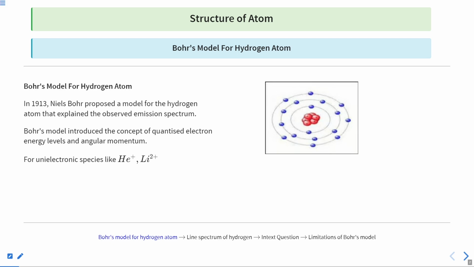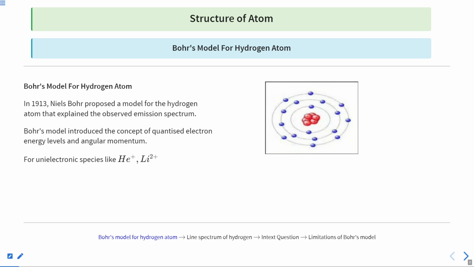That's it. If you talk about the hydrogen atom, it has one electron and one proton, so there is no electron-electron interaction. But as you move to higher and higher elements, the number of electrons increases, and so the number of interactions increases. There are multiple electron-electron repulsions, and Niels Bohr did not account for that. So it was only applicable to hydrogen-like species.